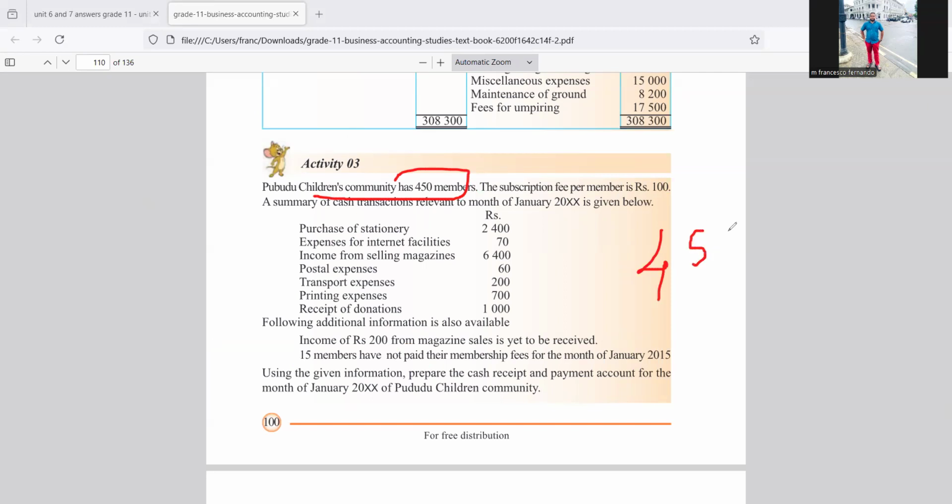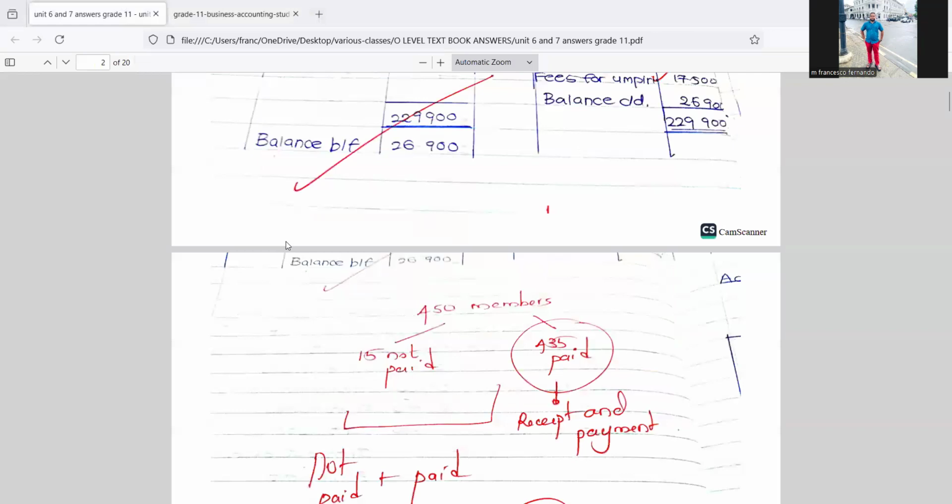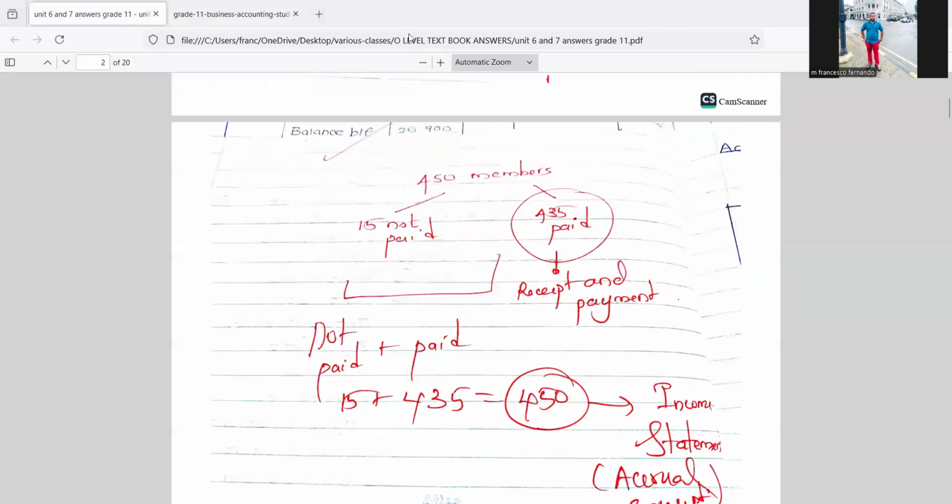From these 450 members, 15 have not paid. It means only 435 members have paid, right? So if I go to the answer, here you can see 450 members, 15 have not paid. It means 435 only have paid. So this 435 only should go to the receipt and payment account.